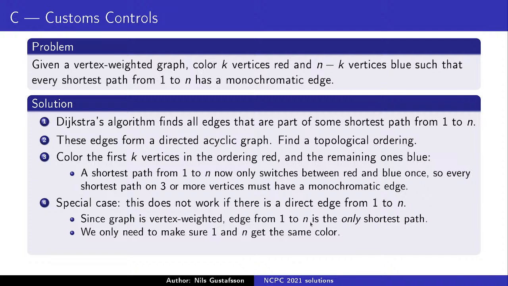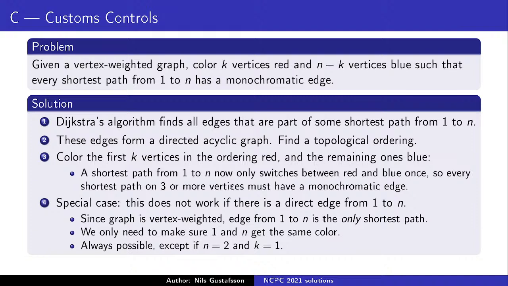This is where we use the fact that the graph was actually vertex weighted. So the only thing we need to do is to make sure that 1 and n get the same color, and then it doesn't matter how we color the rest of the vertices in this case. And this is always possible.